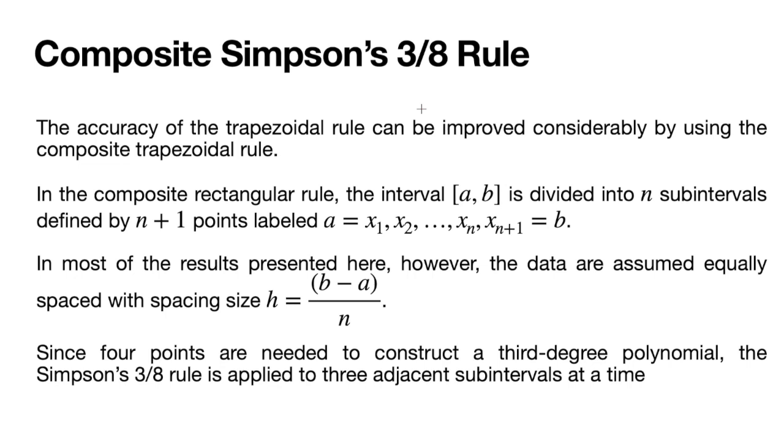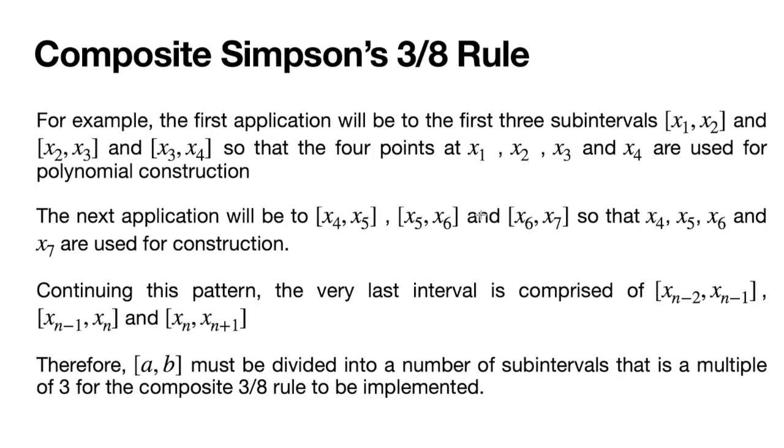In the composite form the procedure is basically the same. For every interval, it will calculate the 4 points, so it is really quite complex. Here you need to make sure that your subintervals are a multiple of 3.